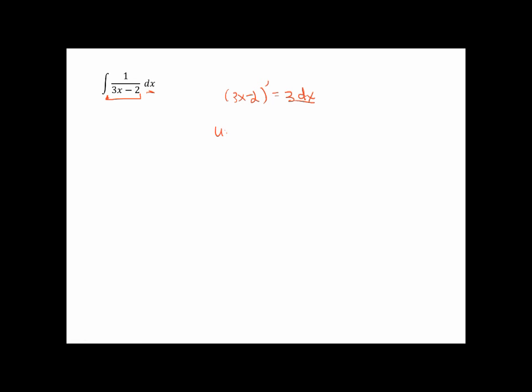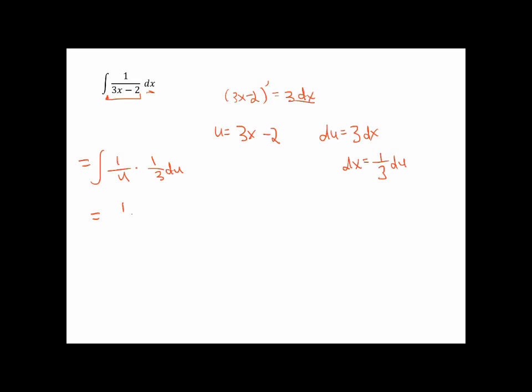Okay, so I know I'm going to use substitution again. u equals 3x minus 2. du is 3 dx. dx is simply 1/3 du. So I plug in 1 over u, which is here, times 1/3 du.